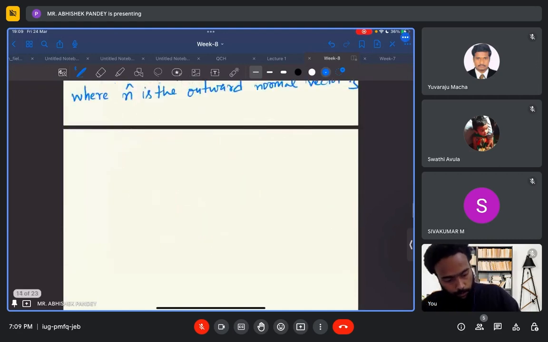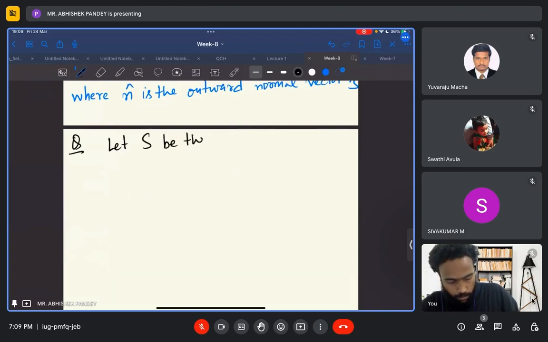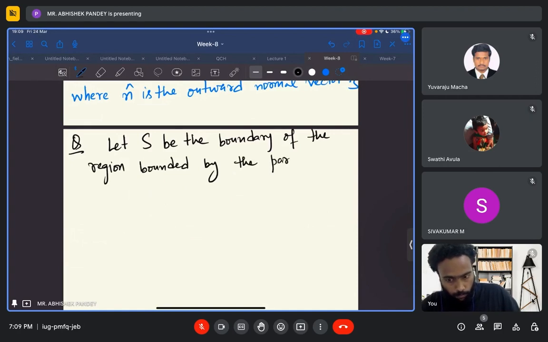Now we'll see the problem. Let S be the boundary of the region bounded by the paraboloid z equals x square plus y square and z equals 2y.